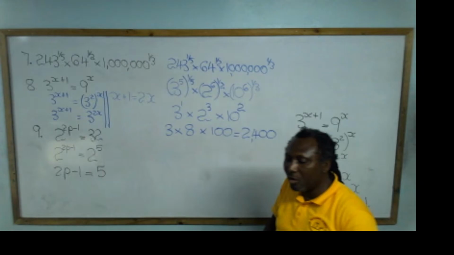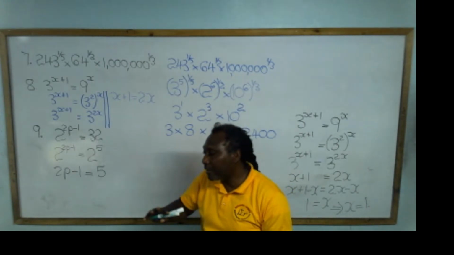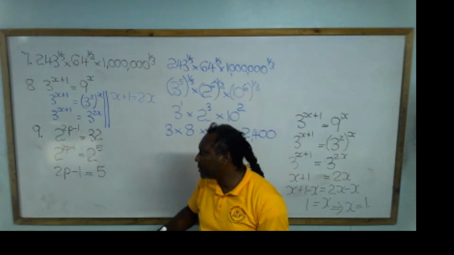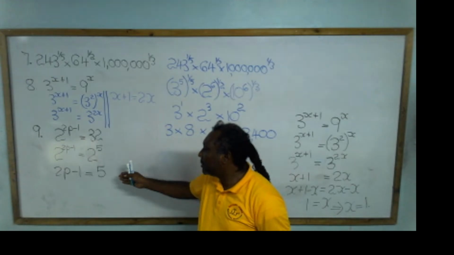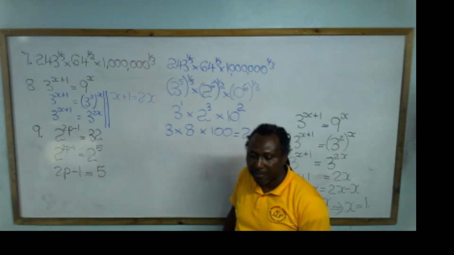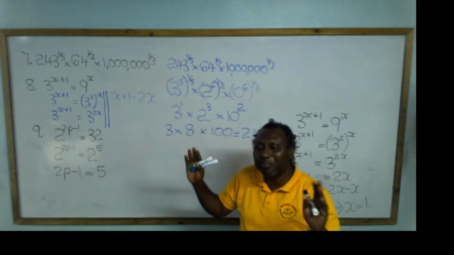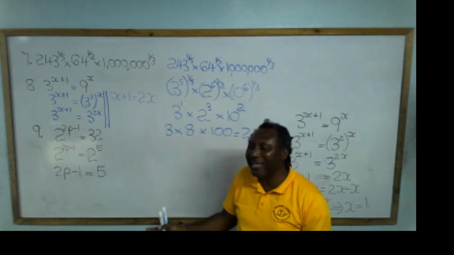Now, I am not going to use orthodox transposition concepts to solve that equation. I'm going to use just pure common sense, and I'm sure that everyone will get it.